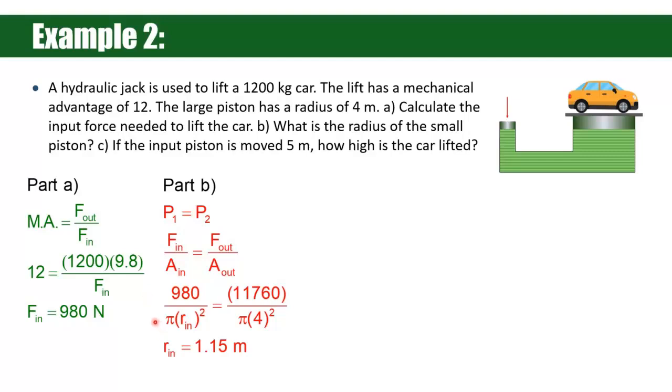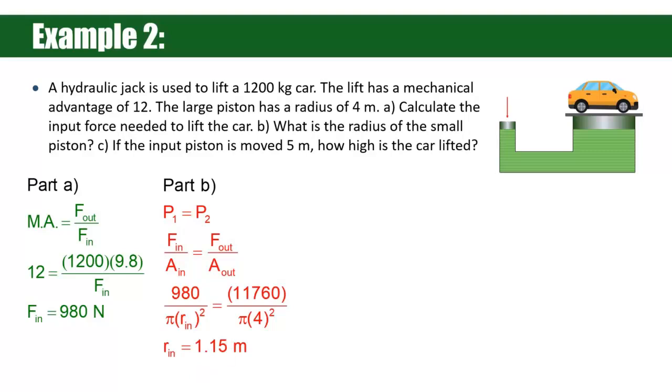I have a circular area, pi r squared, and I'm actually solving for this input radius. And I'm lifting the car. This is the weight of the car, the mg of the car. And the output is pi r squared. And we find out that the input piston must have a radius of 1.15 meters.